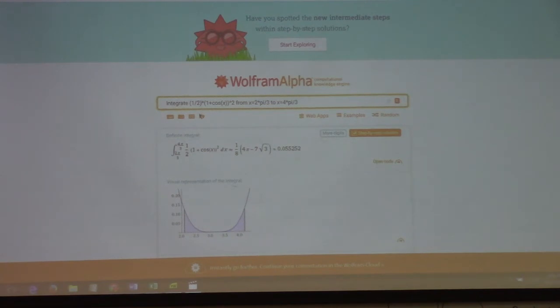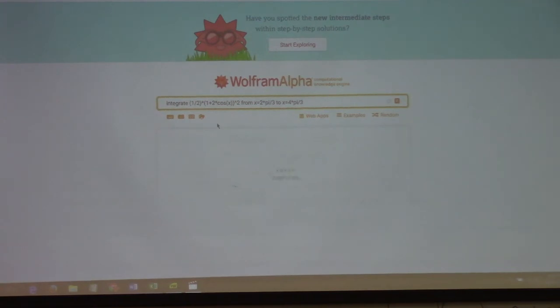Am I missing a minus or something? Oh, 2 cosine theta. 2 cosine theta. There's a 2. That matters. That 2. Huh.